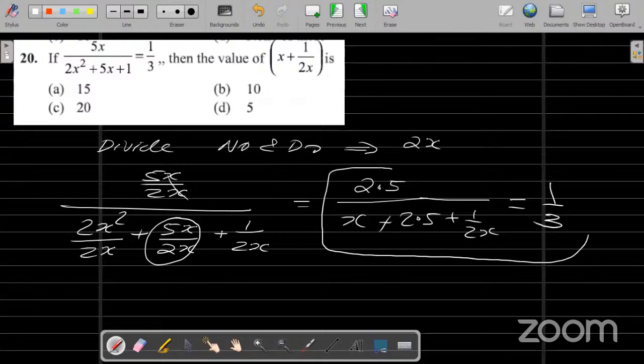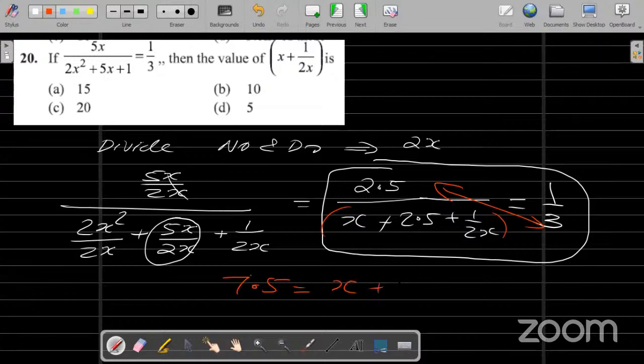So we have 2.5 divided by x plus 2.5 plus 1 by 2x is 1 by 3. Cross multiplying, 2.5 into 3 and this into 1: 7.5 equals x plus 2.5 plus 1 by 2x.